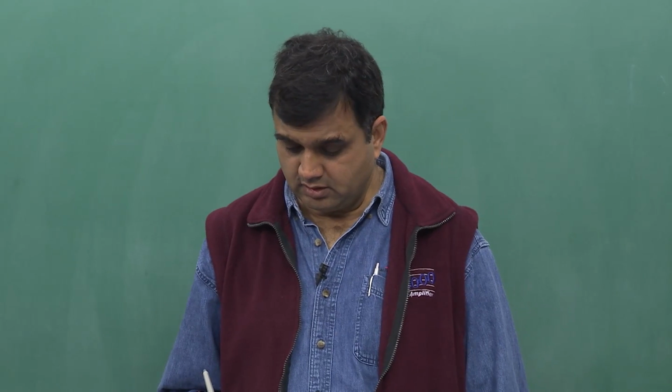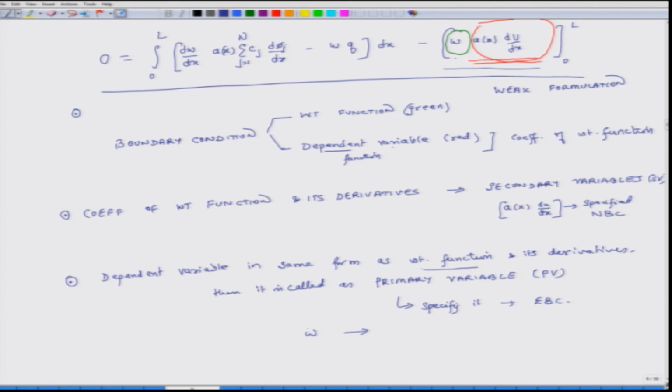So, if I replace W by U in this boundary term, then U is my primary variable, and if I specify it, I say that I have specified the essential boundary condition.